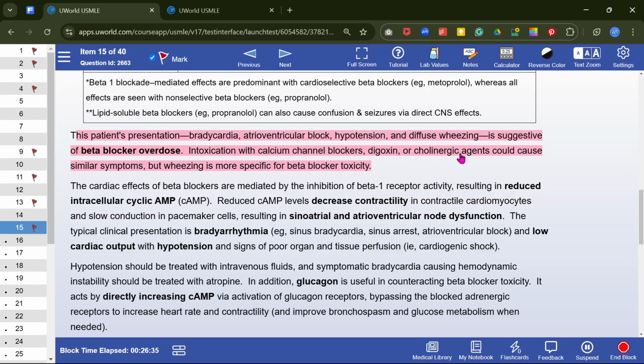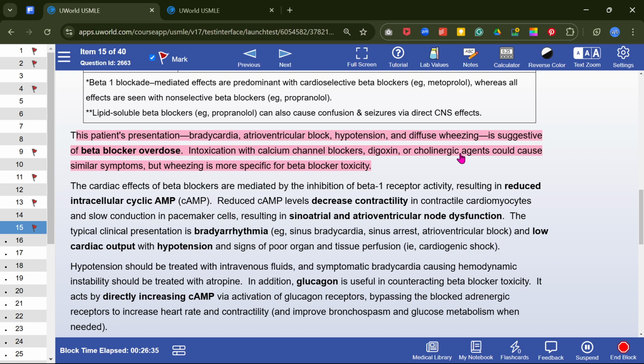The cardiac effects of beta blocker are mediated by inhibition of beta 1 receptor activity, resulting in reduced intracellular cyclic AMP. Reduced cAMP decreases contractility in the cardiomyocyte and slows conduction in the pacemaker cell, resulting in sinoatrial and atrioventricular node dysfunction.